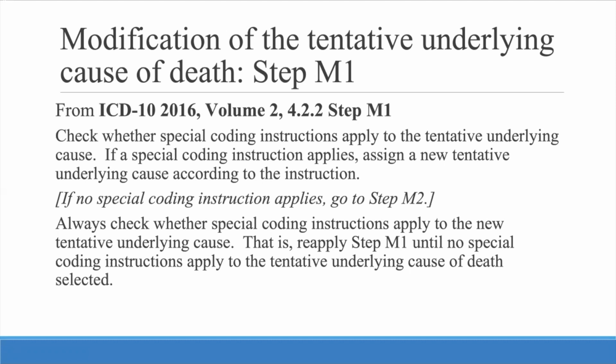As an aside, if no special coding instruction applies to the tentative underlying cause, you can go on to step M2. Always check whether special coding instructions apply to the new tentative underlying cause. That is, reapply step M1 until no special coding instructions apply to the tentative underlying cause selected. We've said a lot on this slide about special coding instructions.